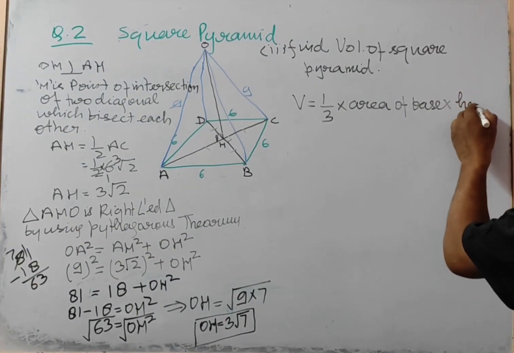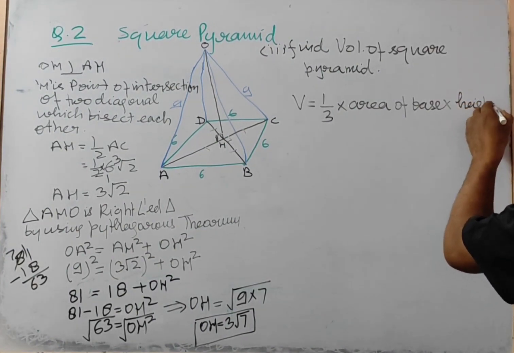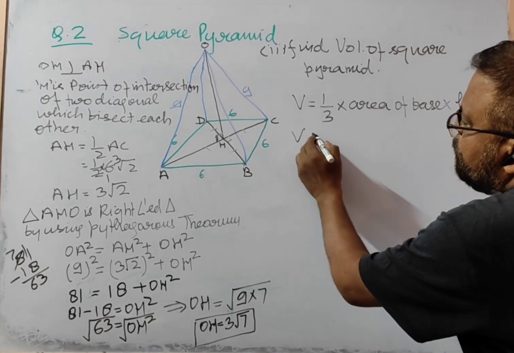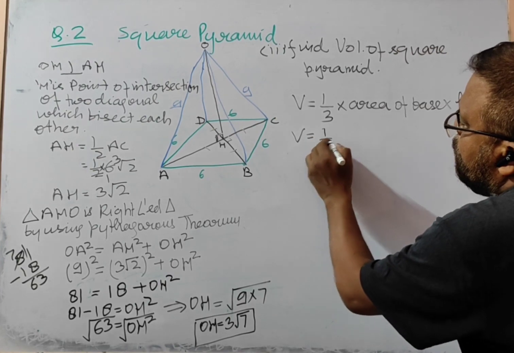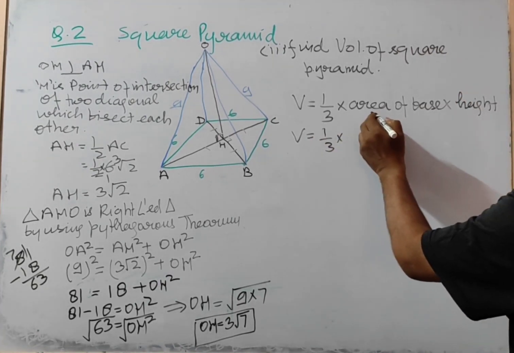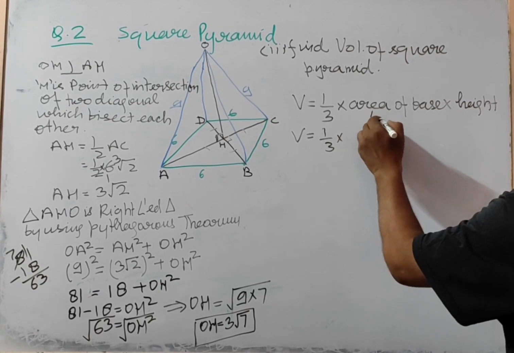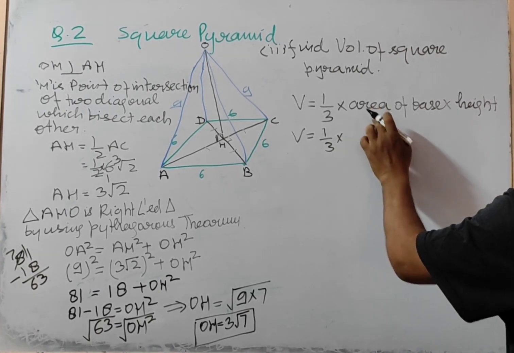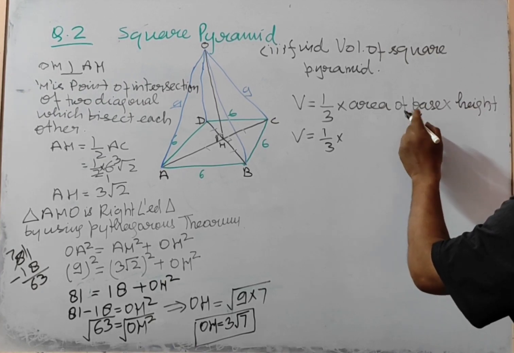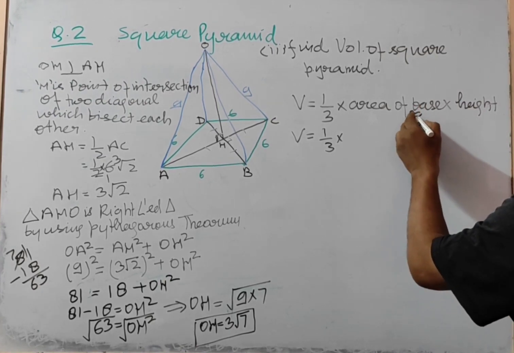So V is equal to 1 by 3, and as this is a square, the area of base... So the base is a square, right?